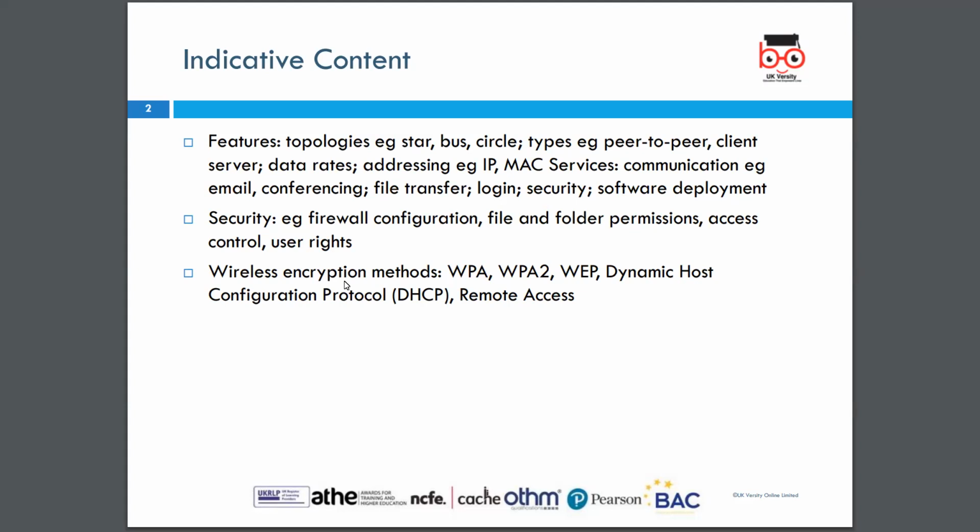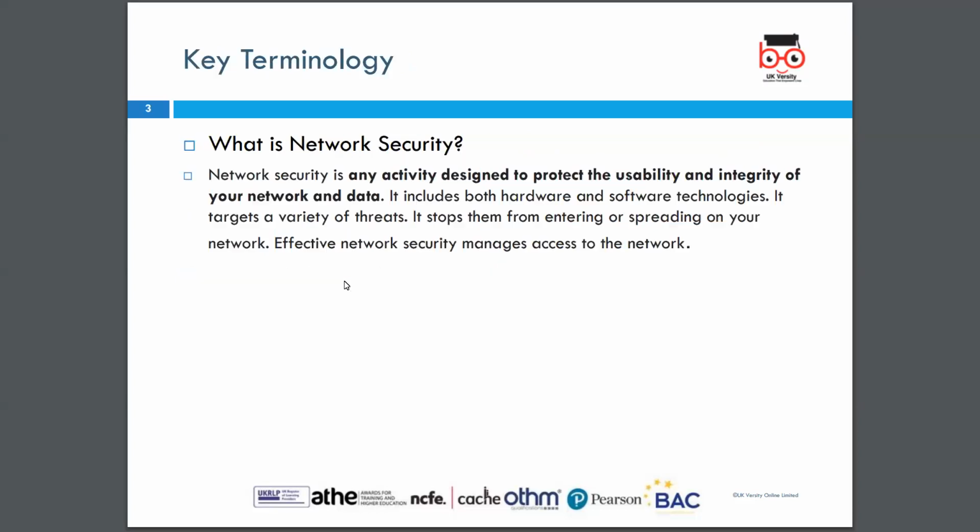Then we'll look into security with firewall configuration, file and folder permissions, access control, user rights. And lastly, we'll have wireless encryption methods, such as WPA, WPA2, and WEP, which we already covered in our first tutorial. So we have a repetition.